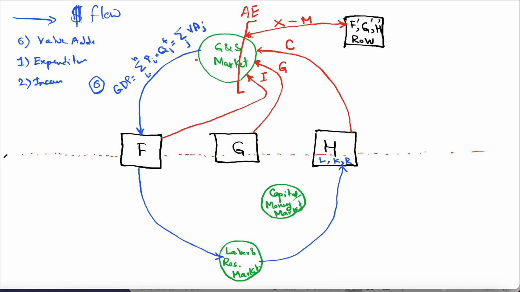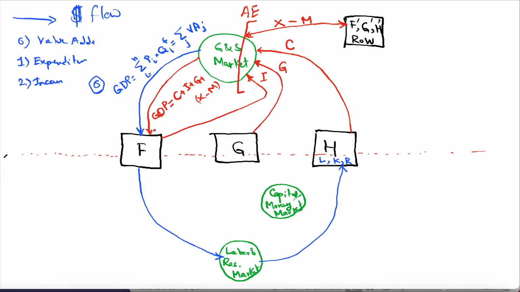So if I measure GDP using the expenditure approach, GDP using the expenditure approach is C plus I plus G plus X minus M. Okay, so this is the expenditure approach.